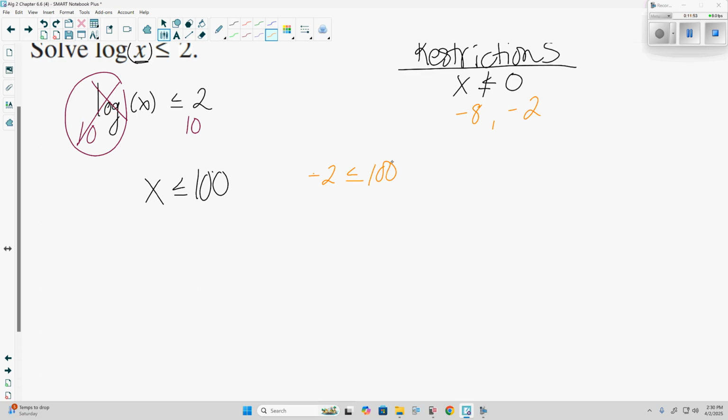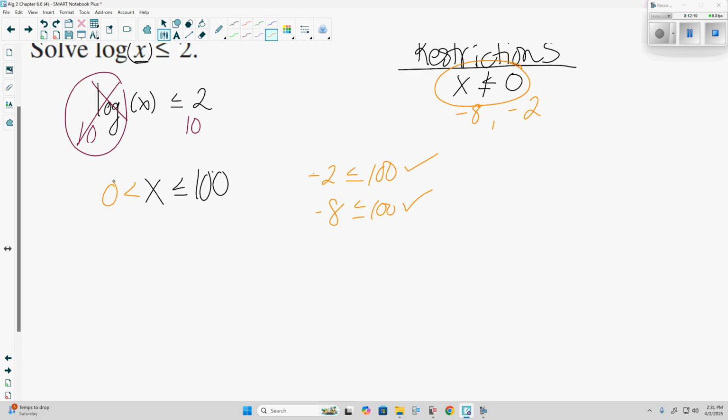Yes, that's true. -8, is it less than or equal to 100? So what that tells us is that our restrictions are included in our answer, and we cannot have those in our answer. So what did we say x could not be? Zero is less than x is less than or equal to 100.